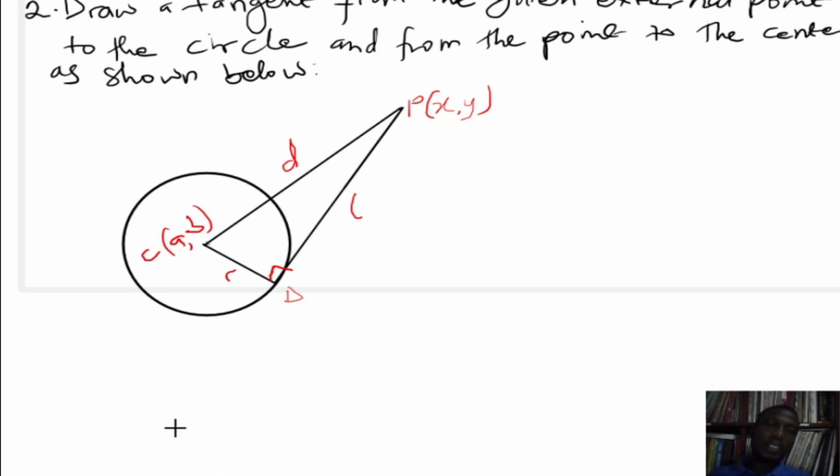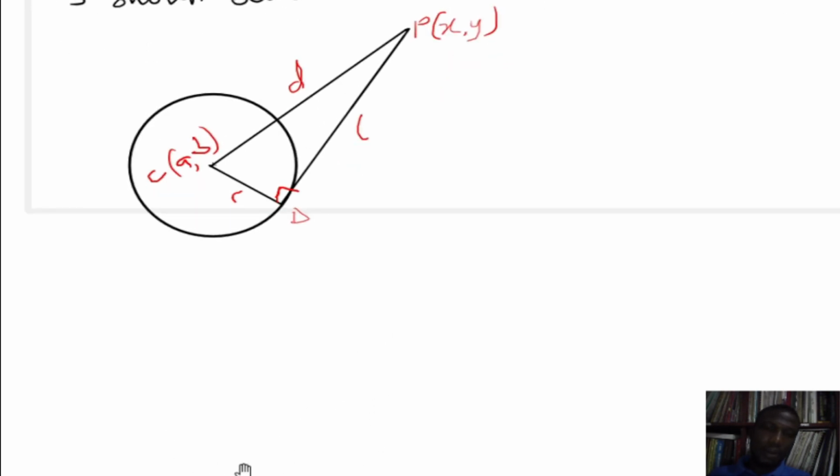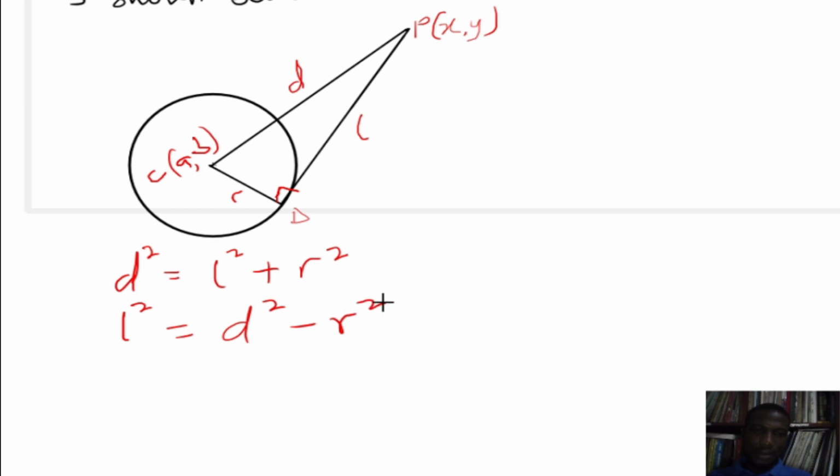Then from Pythagoras theorem, D squared will be equal to L squared plus r squared. Remember, r is the radius of the circle, L is the length of the tangent, and D is the distance between the center and the point. And L squared will be equal to D squared minus r squared.